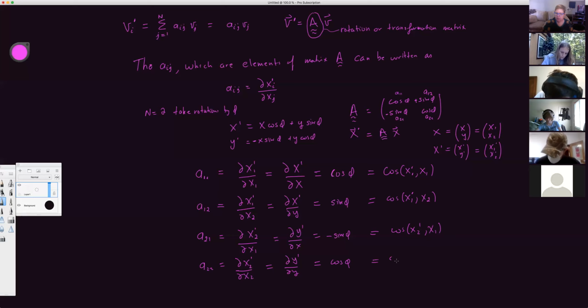And this is going to be the cosine between x2 prime and x2. Yeah, do you remember all that? If you don't remember how that works, it's literally the cosine between those two directions, right? That's why it's called a direction cosine. So cosine of the angle between the line that goes along x1 prime and x1, right? Which is obviously phi. Okay.